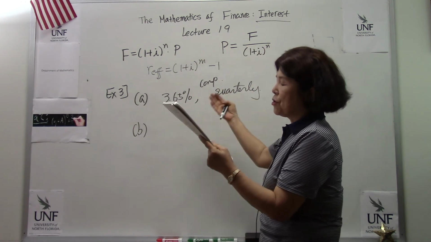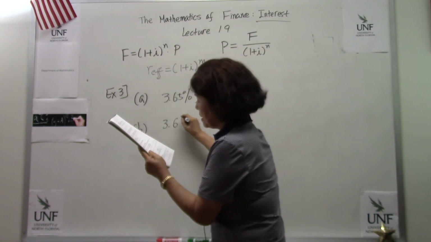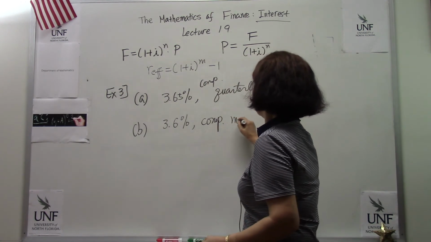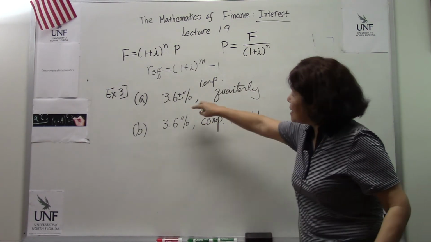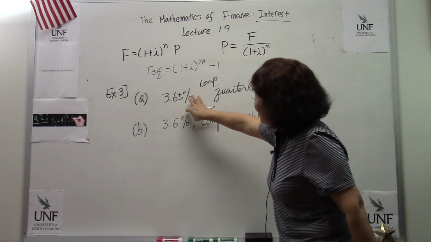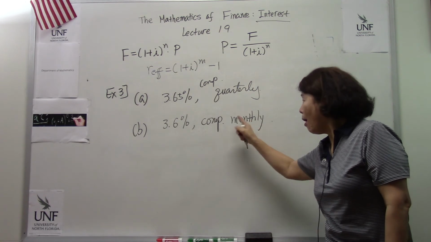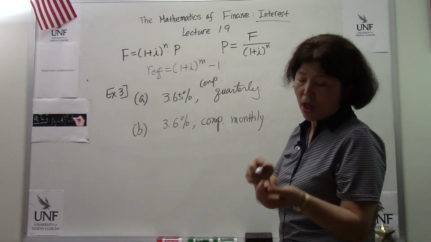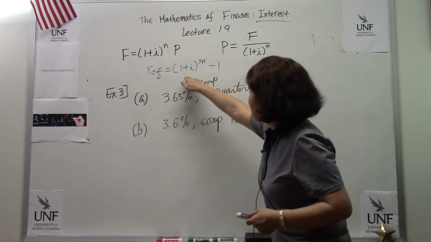Nominal rate is the rate they announce. You see, this one is a tad bit higher rate but compounds less often. The other compounds more often but has a tad bit lower interest. So we cannot really tell which is the better option. In order to do that, we are going to compute this.